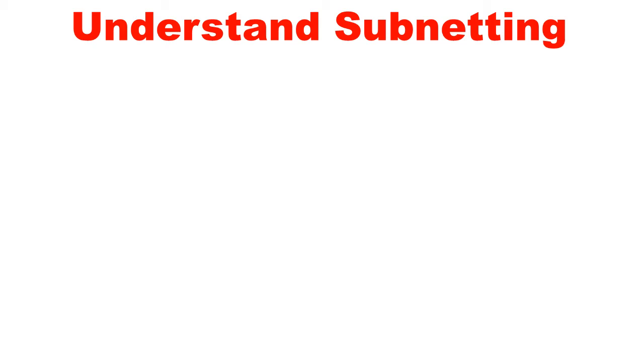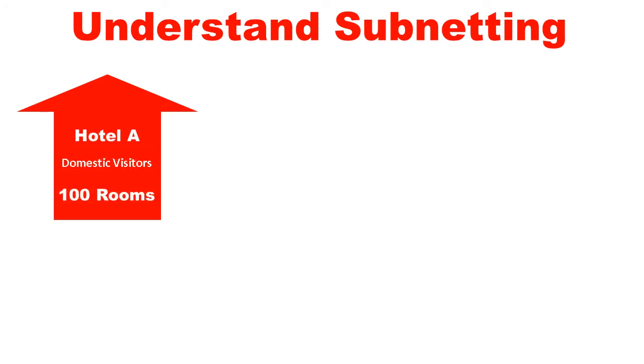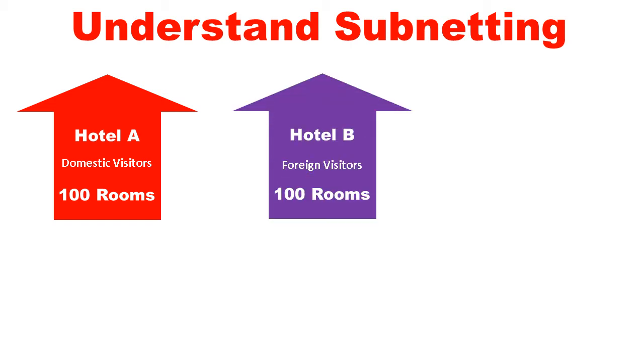Let us now understand subnetting. We will take a real life example to understand the requirement of subnetting. Assume that there are 3 hotels where Hotel A is allotted 100 rooms for all domestic visitors. Hotel B is also allotted 100 rooms for all foreign visitors.